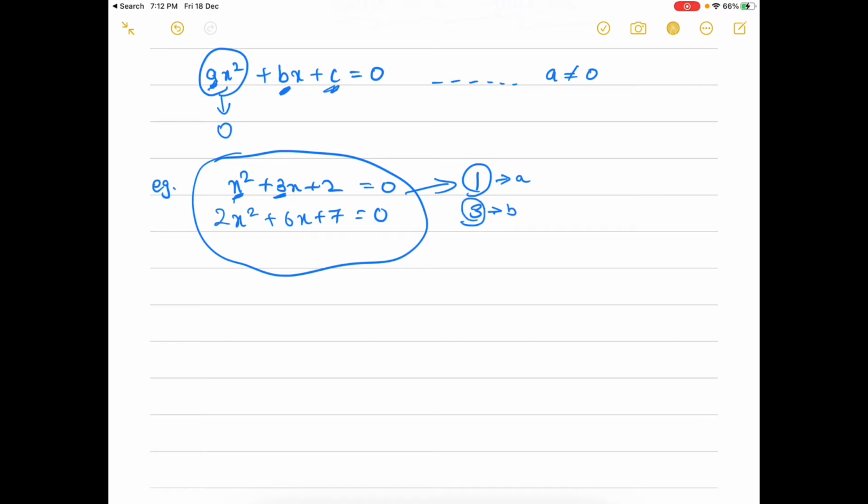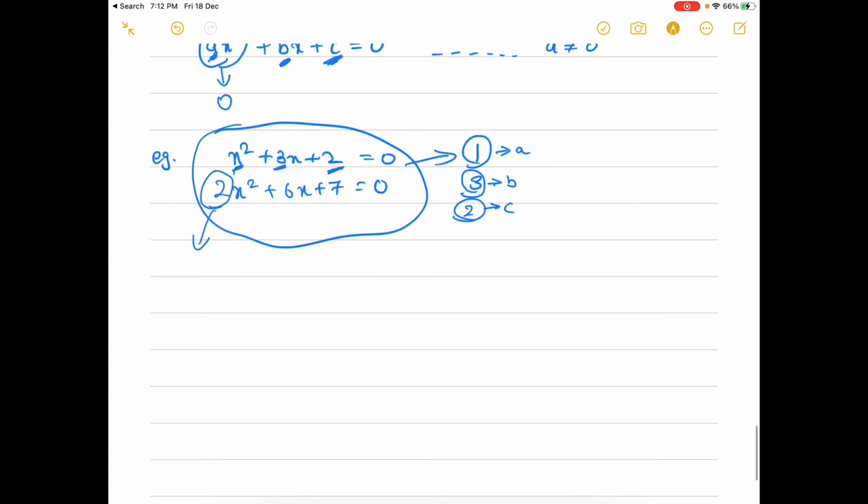And c is the constant. Here 2 is the constant in this equation. Same applies here: 2 is the a, 6 is the b, and 7 is the c.